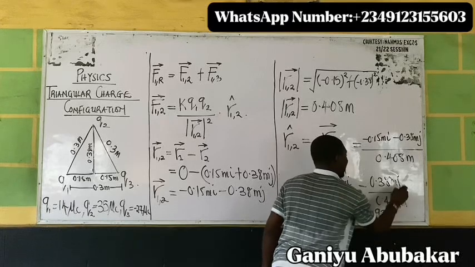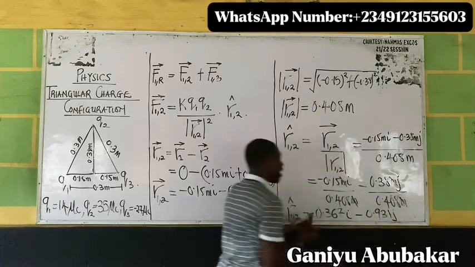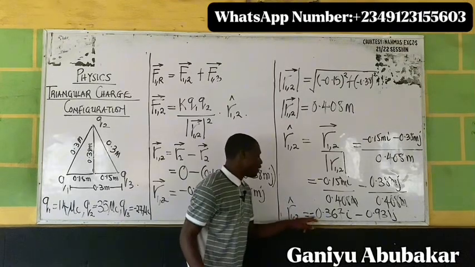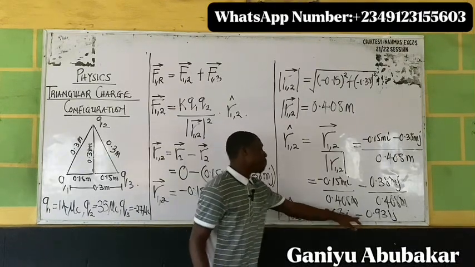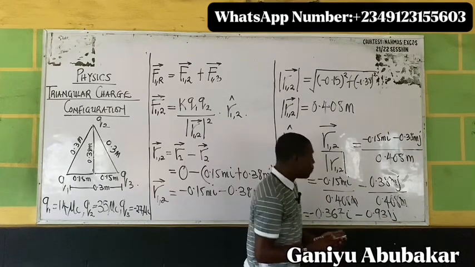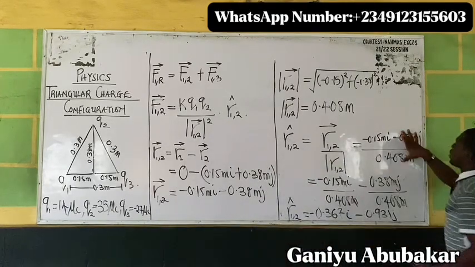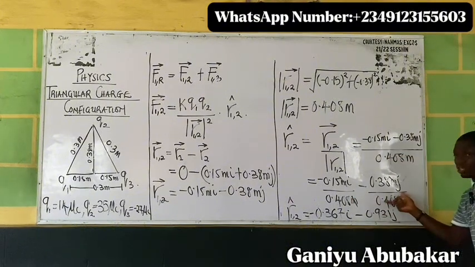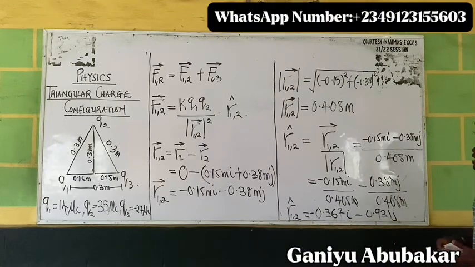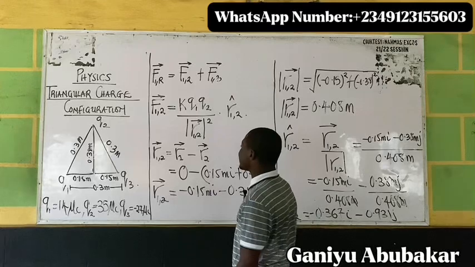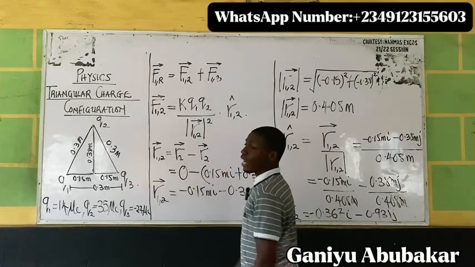Meter cancels meter, so I have j. So the unit vector of R12 is negative 0.367i minus 0.931j. At this junction I split it, this with this first, this with this second, and then divided them to get the unit vector of R12. Let's now put all the values inside this formula and get the exact answer for the resultant F12, and then we'll look at F13.